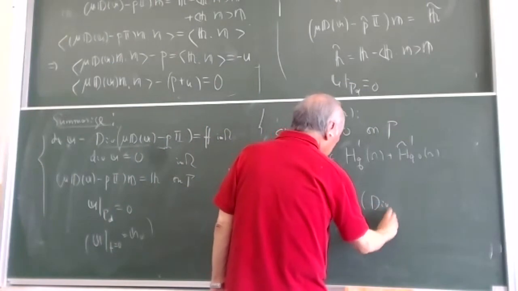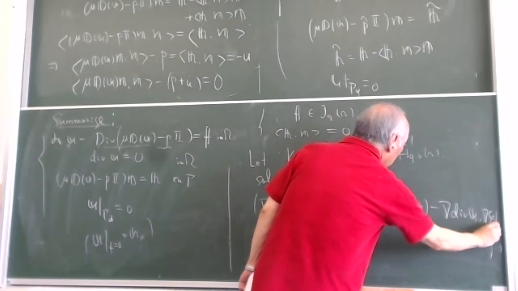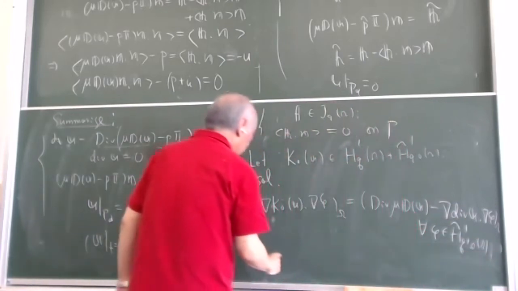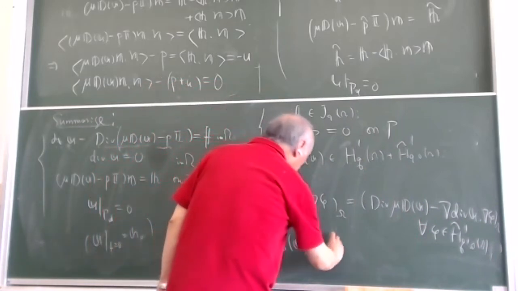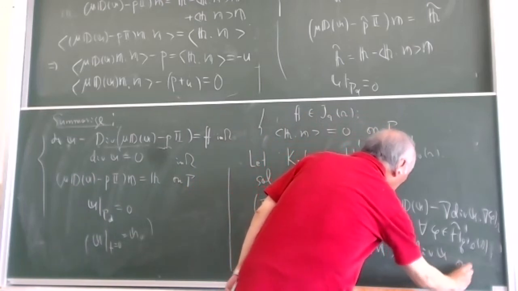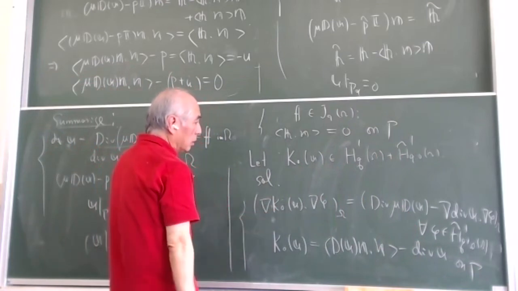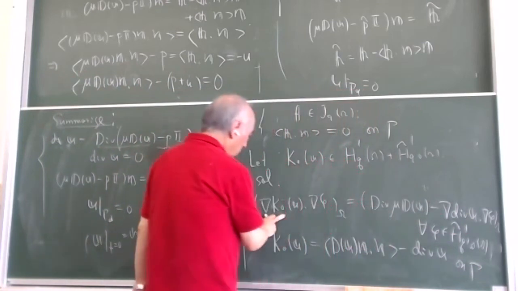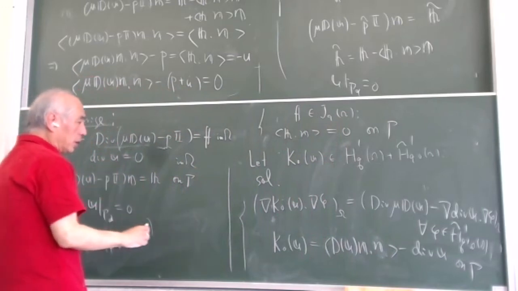So div mu d of u minus nabla du, this is the left-hand side. And the boundary condition is this one.